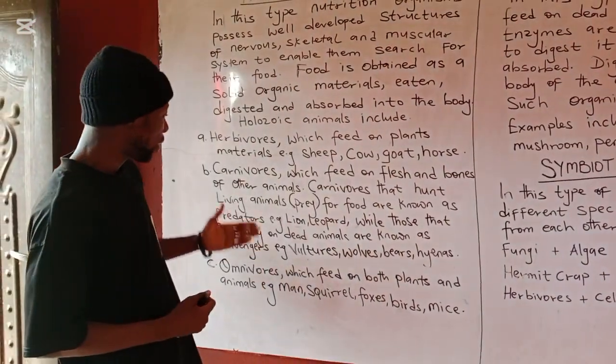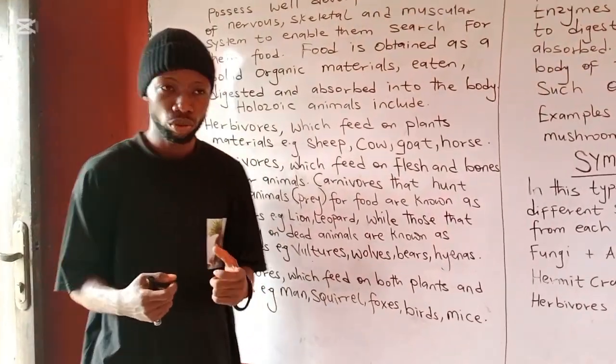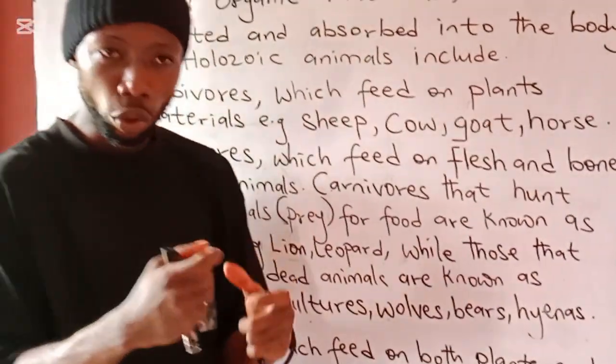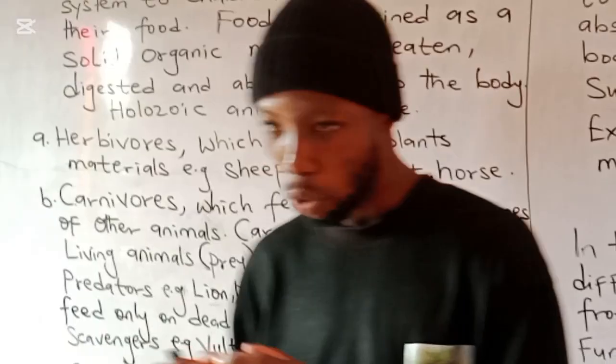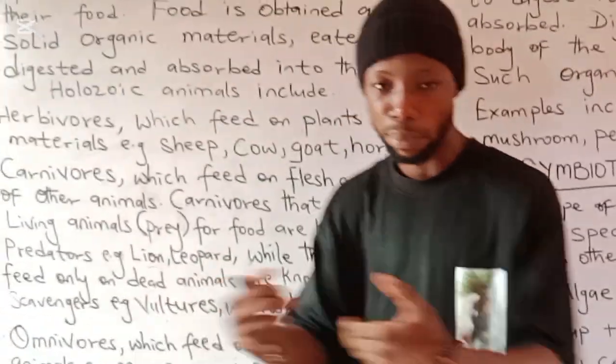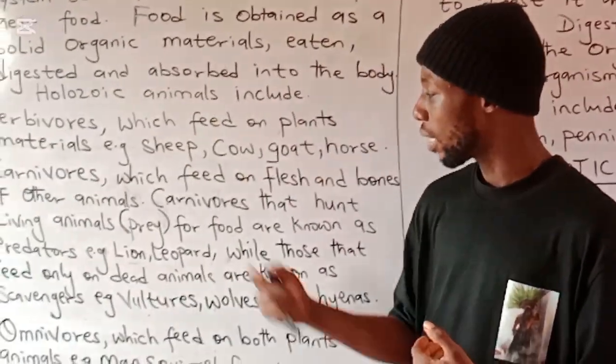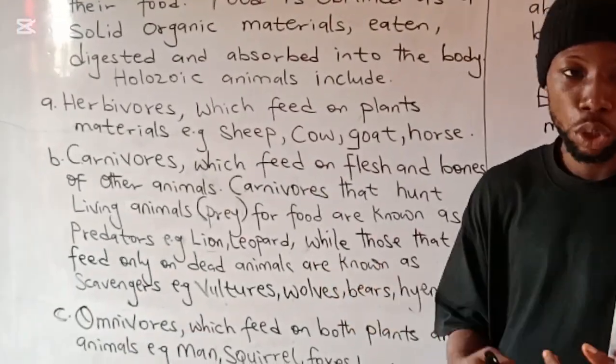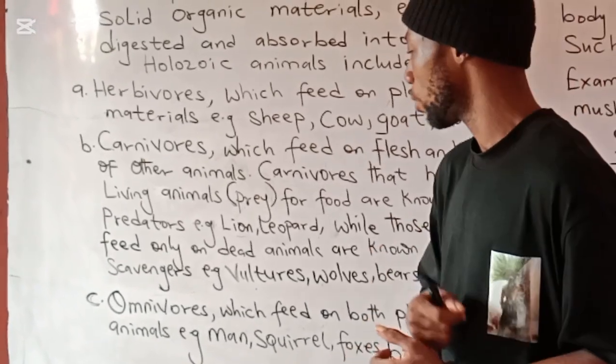And these carnivores are categorized into two. Some of them hunt small living organisms as their prey. The carnivores include leopard and lion.